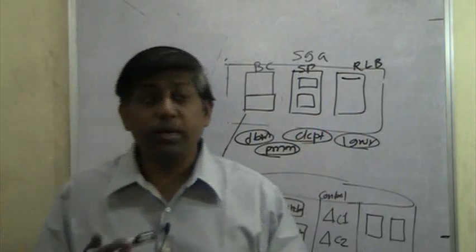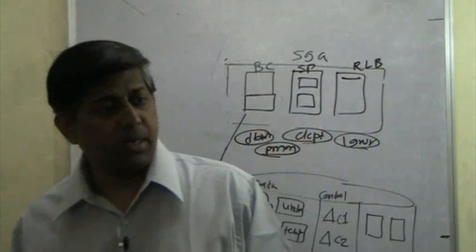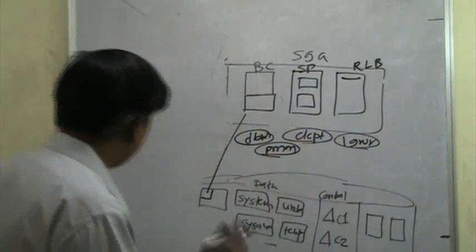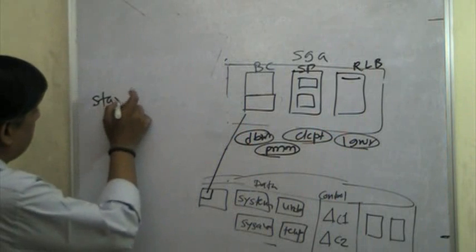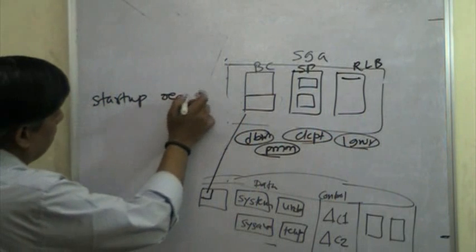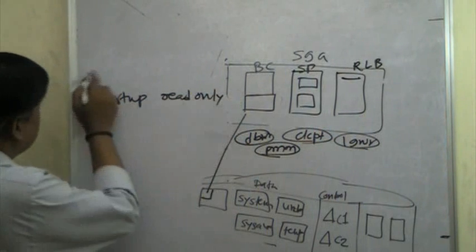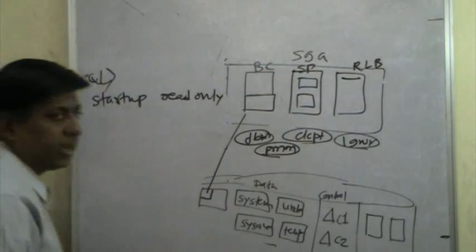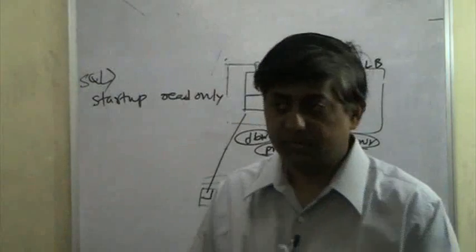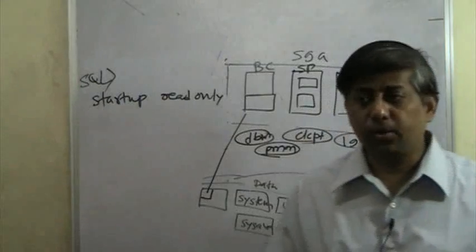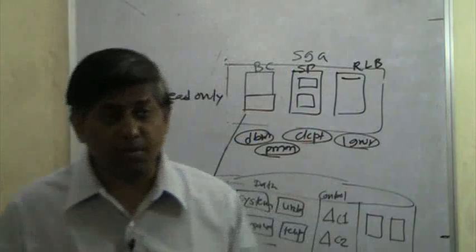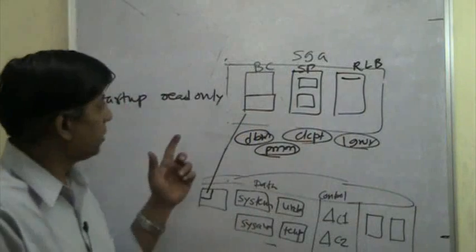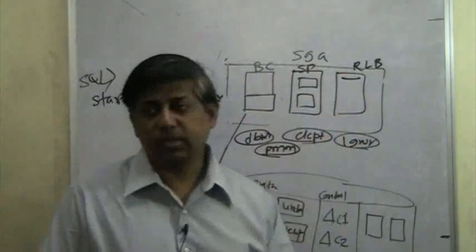So for a read-only database, a database can be read-only. I think we have not seen this command, but we can say startup read-only. This is a SQL command to start up a database in the read-only mode. That means nobody can do any insert, update, delete activity, nobody can create tables and all that stuff, even if they have privileges. So in this situation, what kind of things will go inside the redo log buffer?